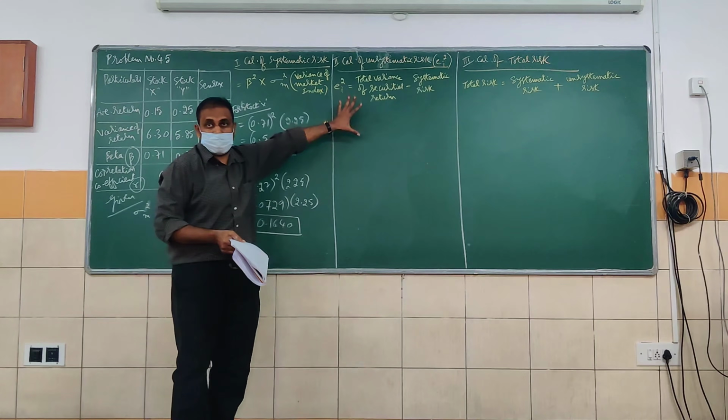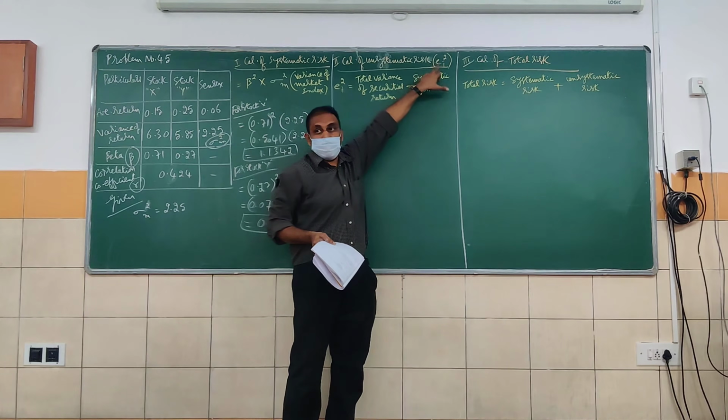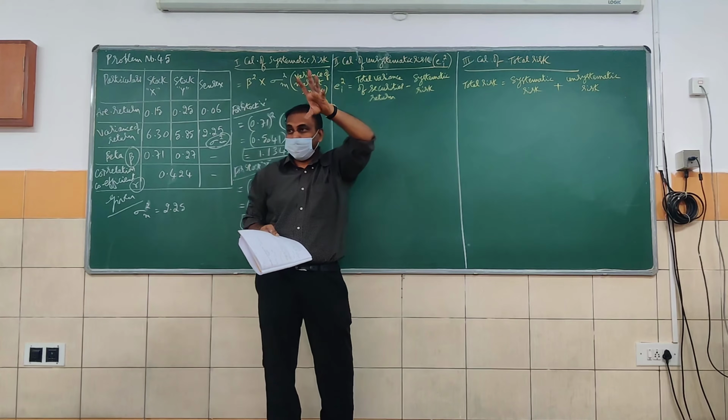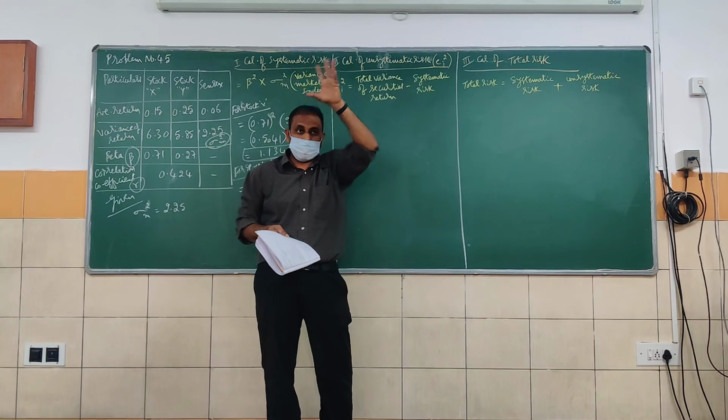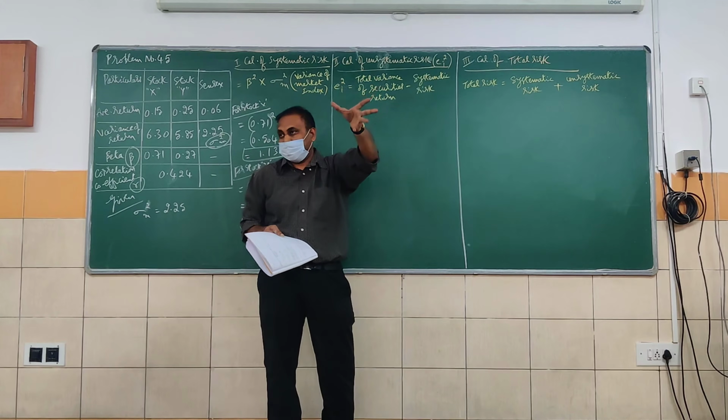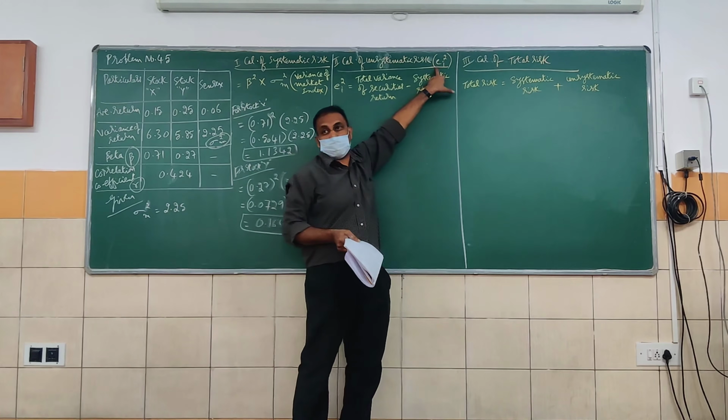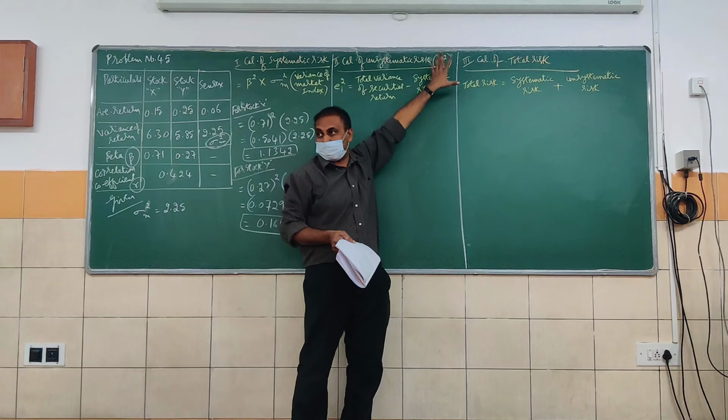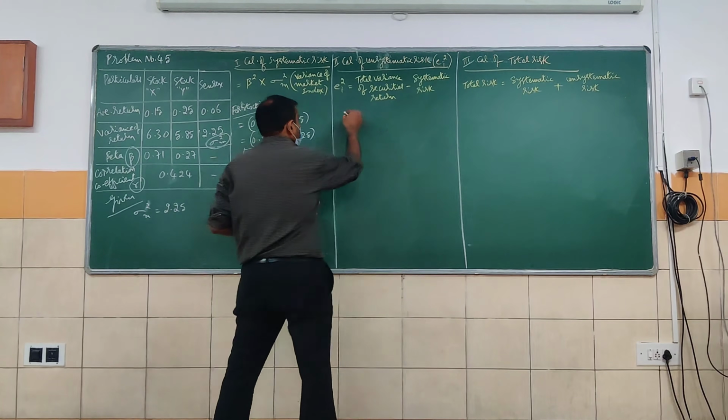Then coming to the unsystematic risk, the notation is there. You have to remember the notation. Sometimes in the problem they give a notation, sometimes the explanation. It is e_i square. That's unsystematic risk.